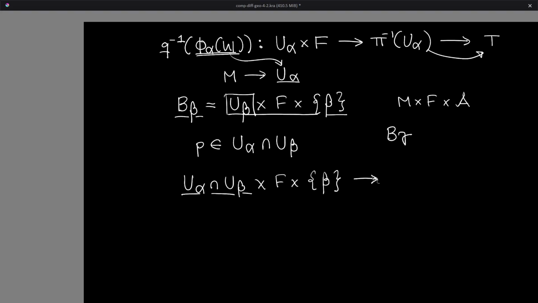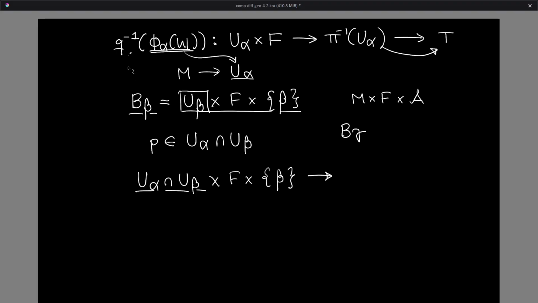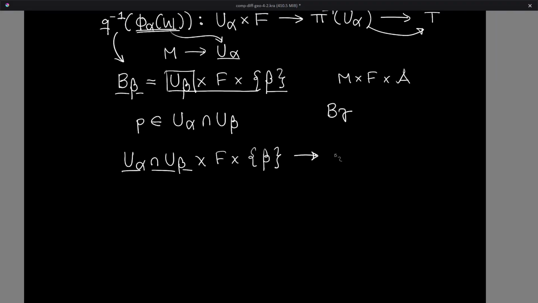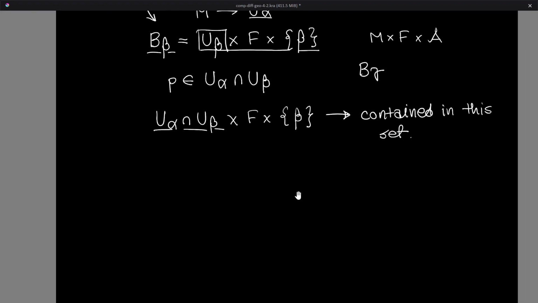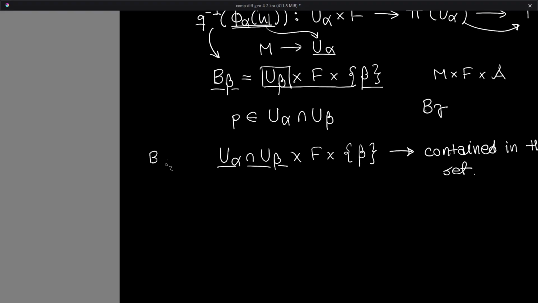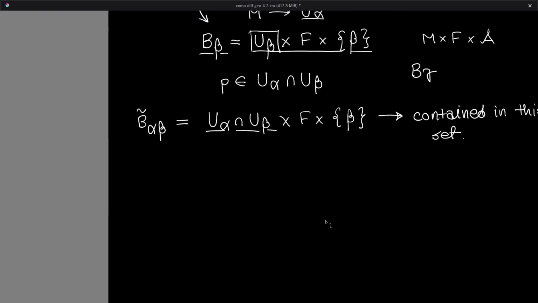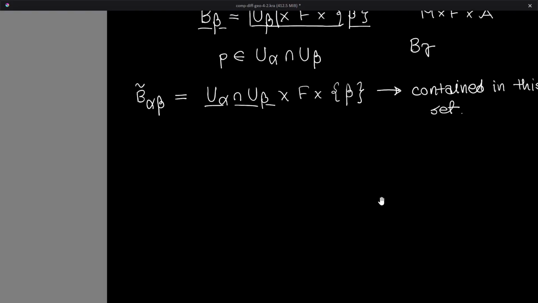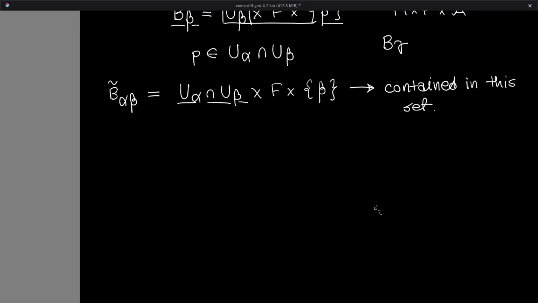So what we're going to say is that whatever this intersection is of this with that, it must be at least contained in this set. So let's call this B alpha beta, where we can put a little tilde on it to make it unique. B tilde alpha beta is the set that we need to be restricted to. So let's take this Q function that we're using.